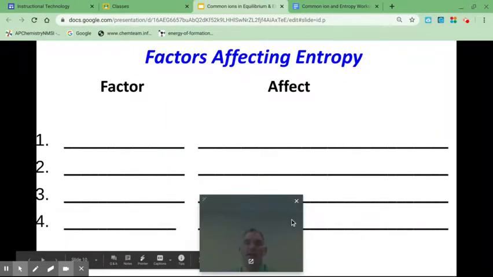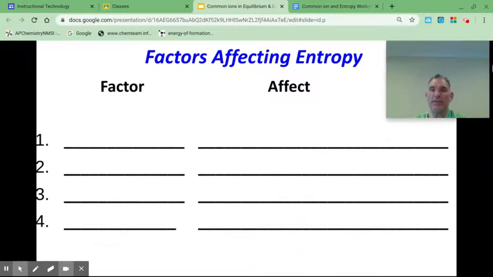Now, if that's the case, well, just like with kinetics and how to make things go faster, I can also do things to affect the entropy. If you can recall, the symbol for entropy was delta S. I like to associate the S for spacing of particles, because if there's no spacing and they're tightly compacted together, it's low.